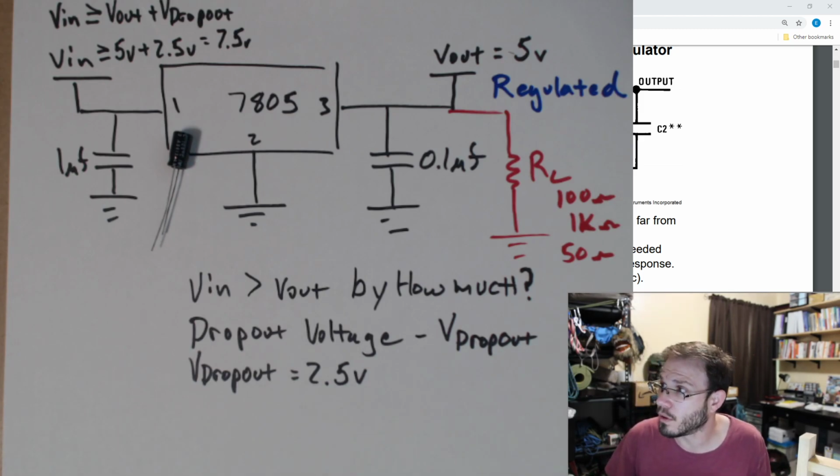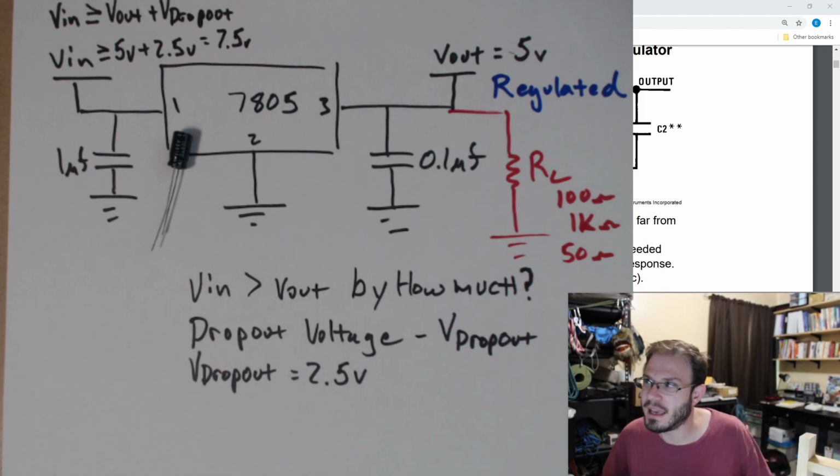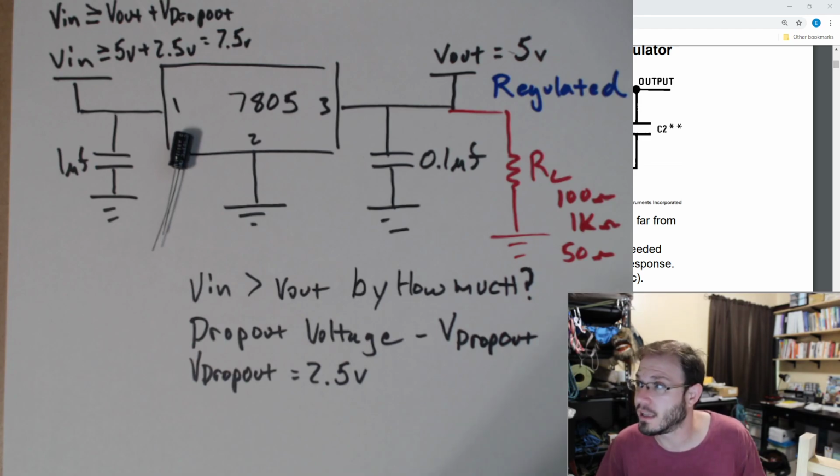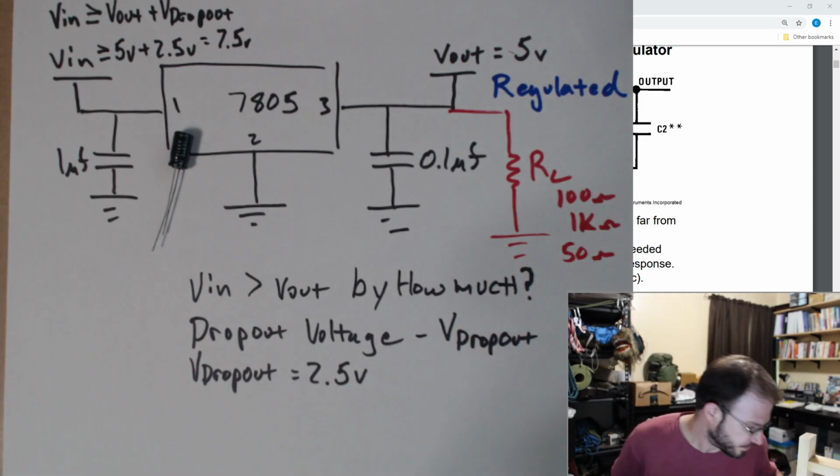That's what I will use for exams and everything. I try to keep things straightforward. The 7805 versus another regulator has a little different dropout voltage. So just like the forward voltage for a silicon diode, we always take it to be 0.7, we're going to do the same thing for this dropout voltage.